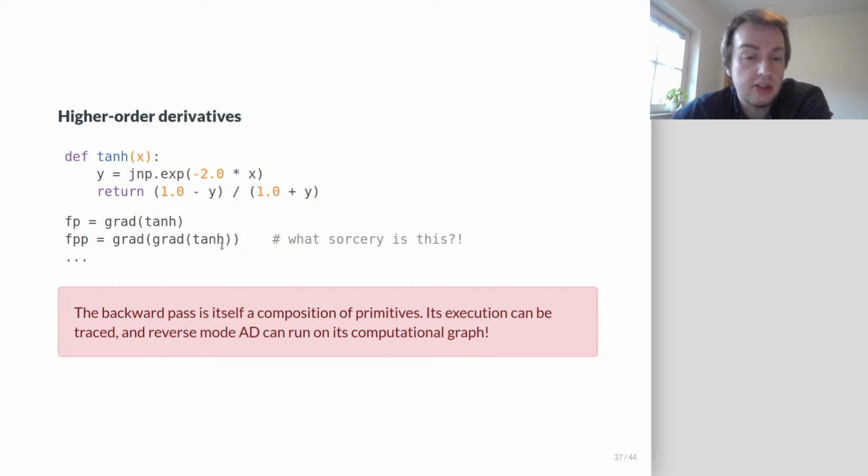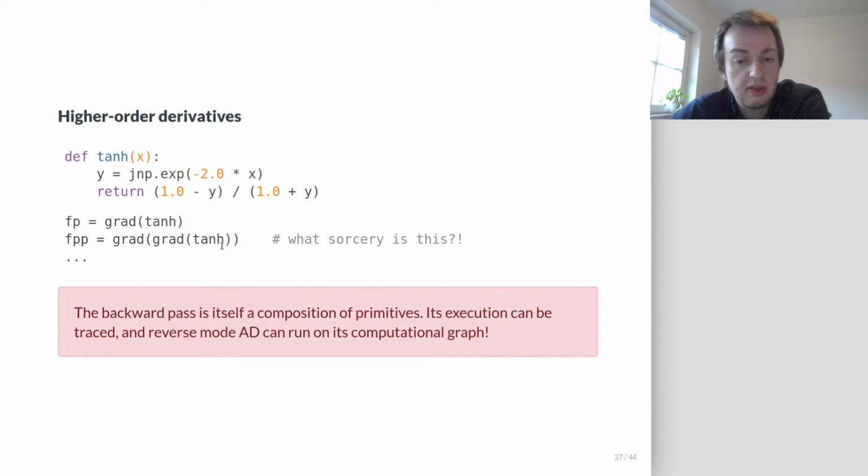What will happen is actually quite simple. You can view the algorithm of automatic differentiation, let's say reverse mode, as a composition of simple primitives. That means there is a computational graph associated with the execution of that algorithm.